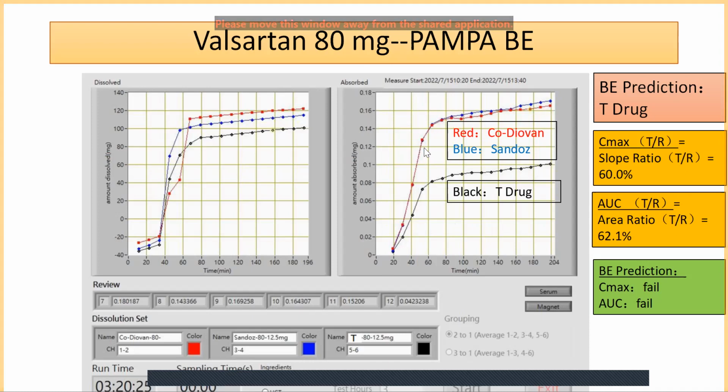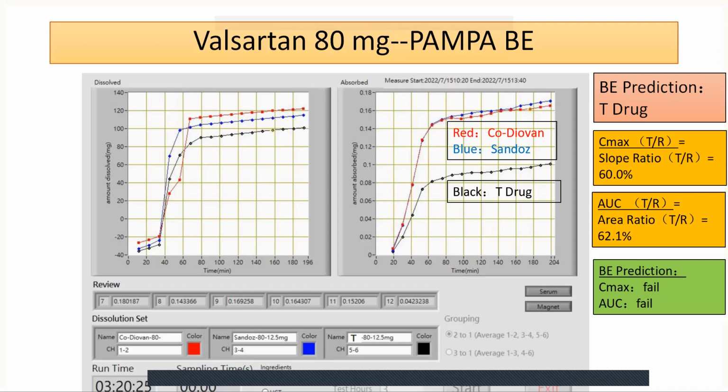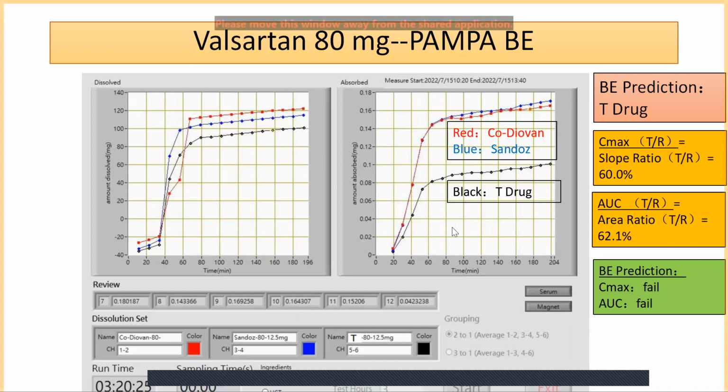Okay, so it's very interesting. If you are doing such a high permeation acid drug, you need to have this machine with permeation measurement capability.